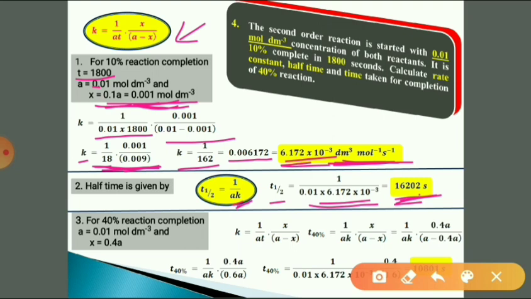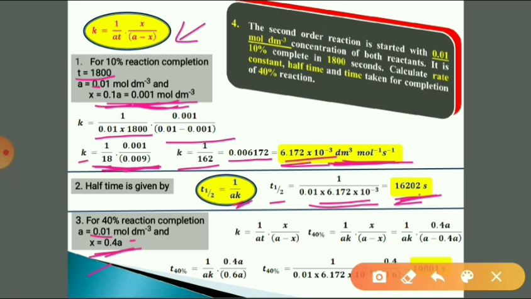Now for the third part of this numerical problem, we have to calculate the time for the completion of a 40% reaction. So t can be given as t 40%. The value of a we know is 0.01 mole per dm cube, and the value of x is nothing but 0.4, that is 40% of the initial concentration a.